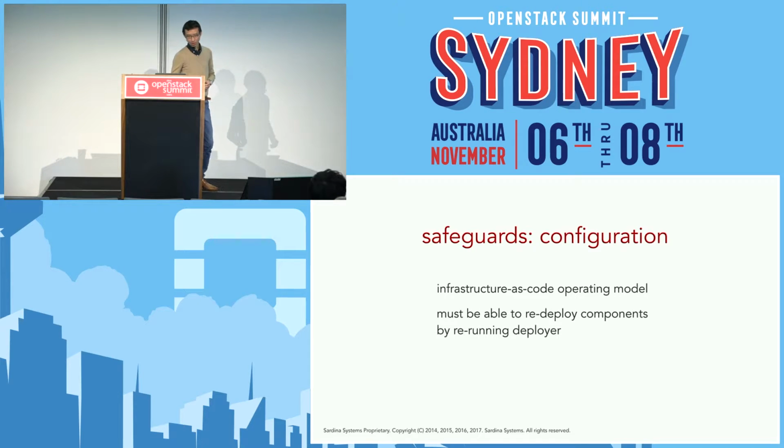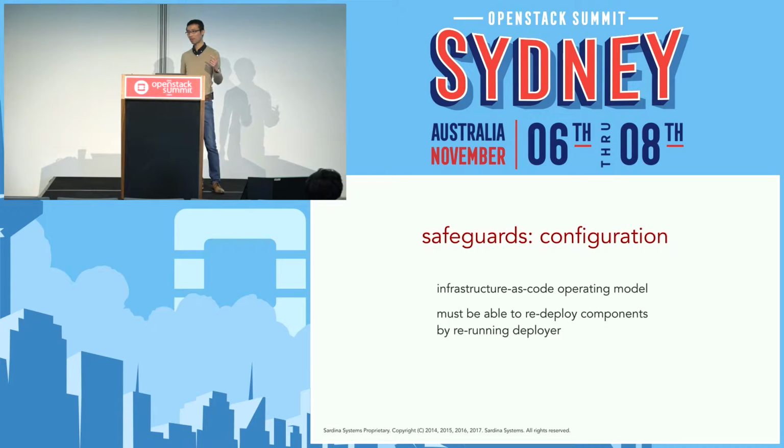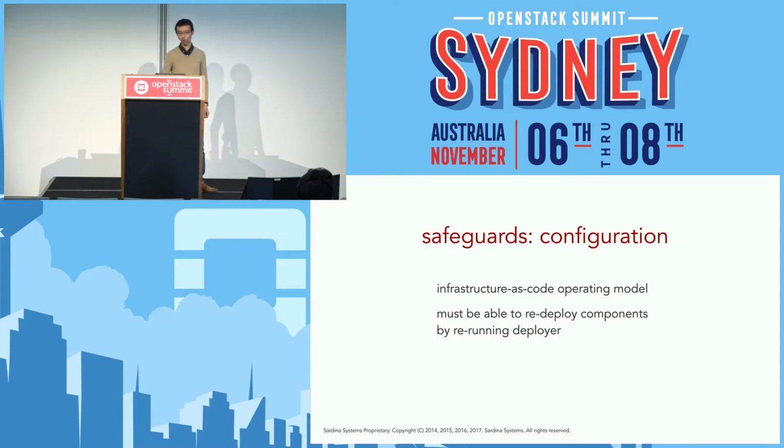For configuration, so long as we can operate the system in an infrastructure as code model, then we should be all right. There's no data, so we can just simply redeploy if there are any problems. You messed up? Fine, no problem. Kill it, redeploy. It should be automated.